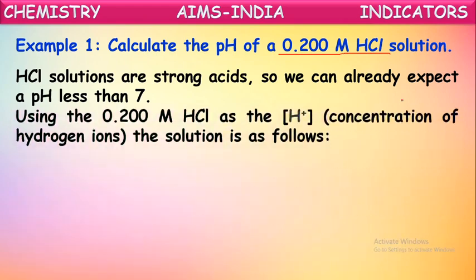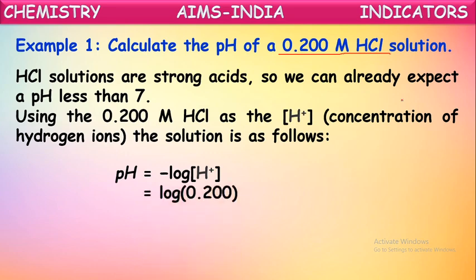Using 0.2 molar HCl concentration as the concentration of hydrogen ions, we can find out pH by using the formula pH is equal to minus log of H+ ion concentration. So if you substitute the hydrogen ion concentration as 0.2, we get minus log of 0.2, because the H+ ion concentration is given as 0.2 molar.